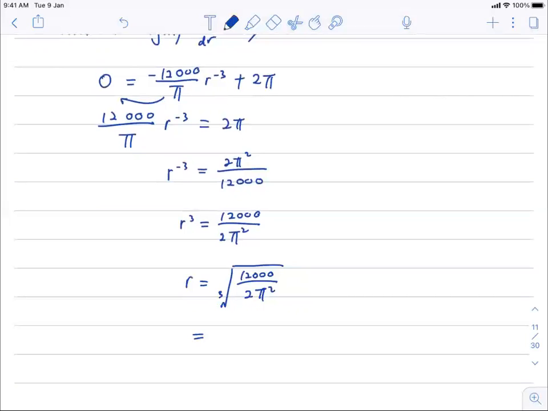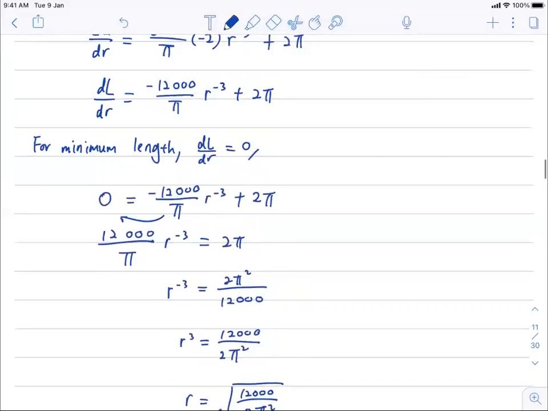Okay, type this into the calculator: 12,000 divided by 2 pi squared, and then cube root it, you'll get the answer as 8.471, which is the radius. Now we know the radius, we can use it to find our h, the height.